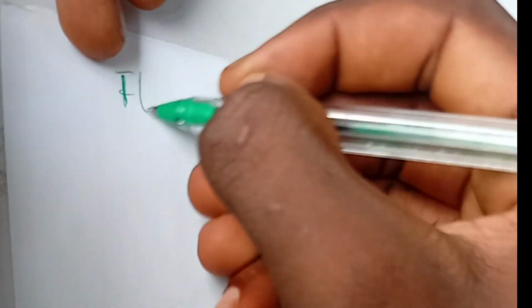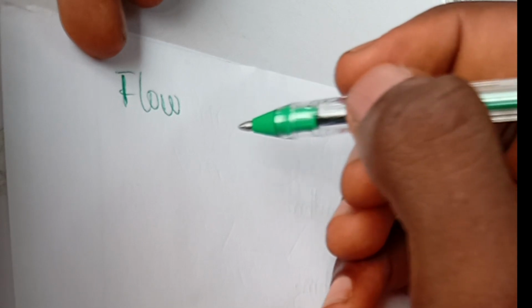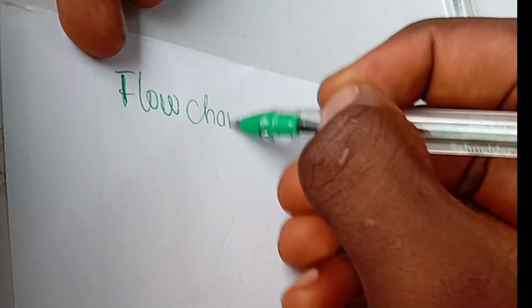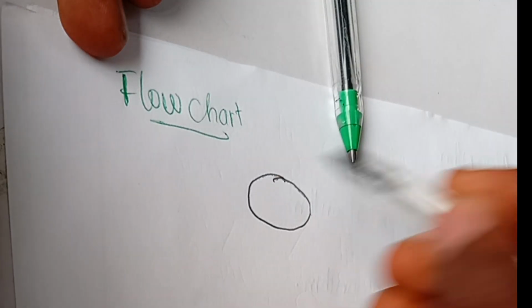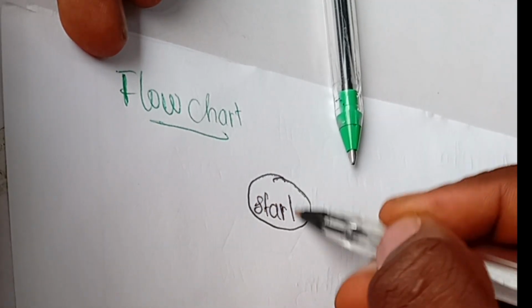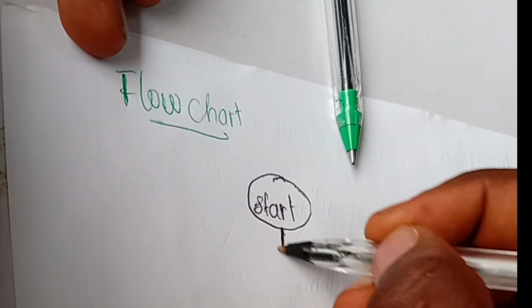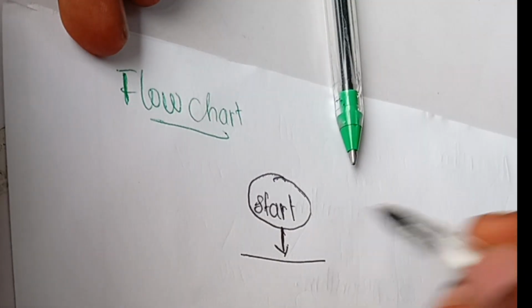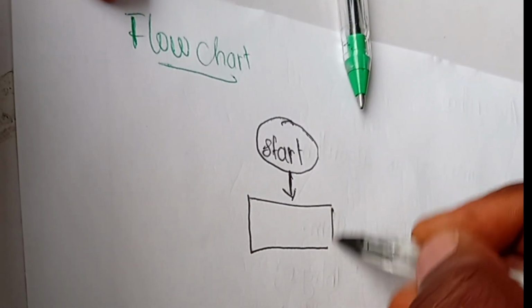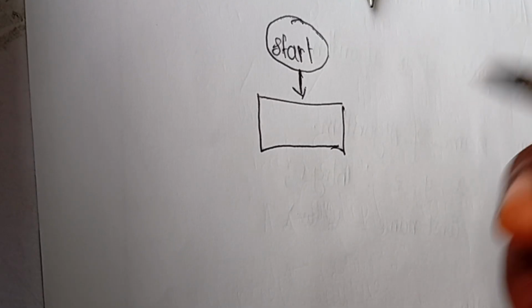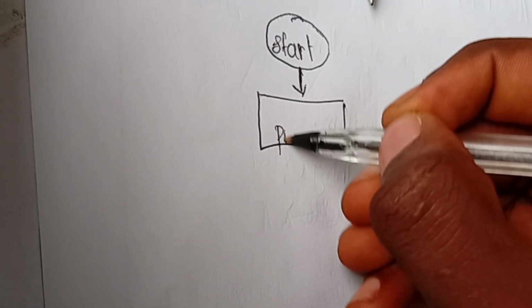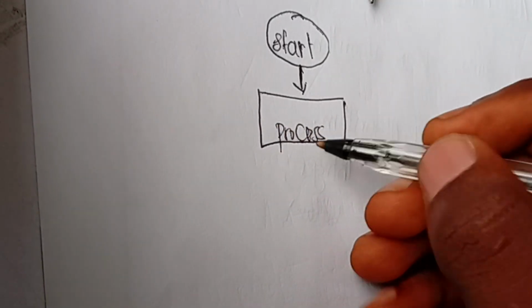So the flowchart of the control structure looks something like this. We want to start our data in the terminal, the start. So we want to get some series of inputs, or a process. So assign something, let's just put process. This isn't really important.